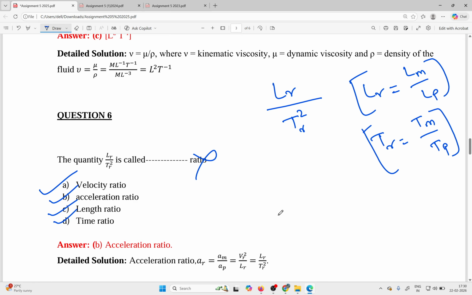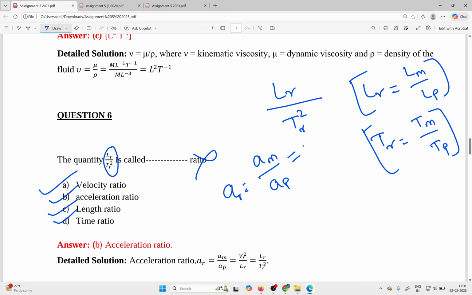Why? Because you know already the length parameter and the time parameter. We are discussing them here, and you can see very clearly, your acceleration ratio AR is nothing but model acceleration over prototype acceleration.